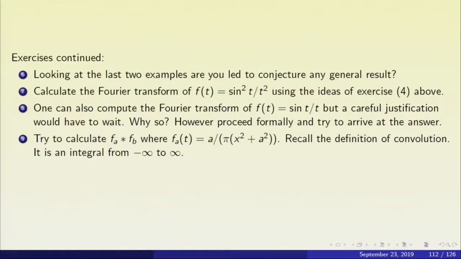Looking at the last two examples, what are you led to conjecture as a general result? What general result can you conjecture from the last two exercises? Take this function sin t by t. Is this an absolutely integrable function? Is it true that integral from minus infinity to infinity of mod sin t by t dt converges?